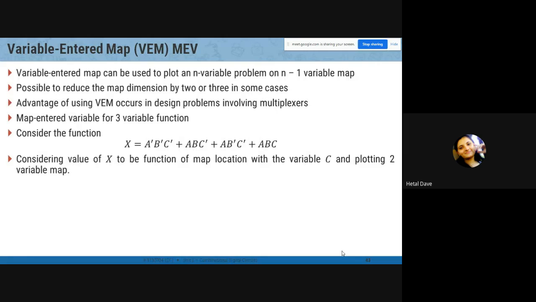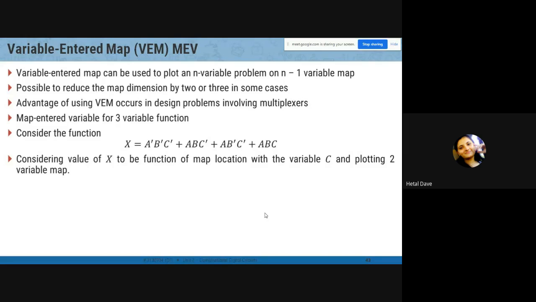Now, what is the method and why variable entered map is given? Here, something can be the same as KMap. That's why right now we are just looking at the title. Okay, just why the name map is given. Now, variable entered. In place of entering 1 and 0 in the cell, in the map, we are going to enter the variable itself.